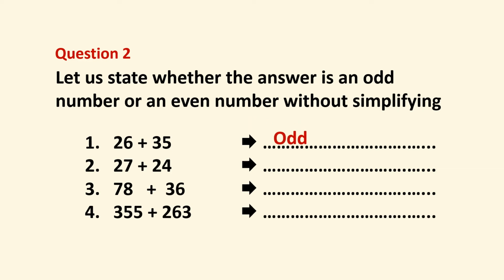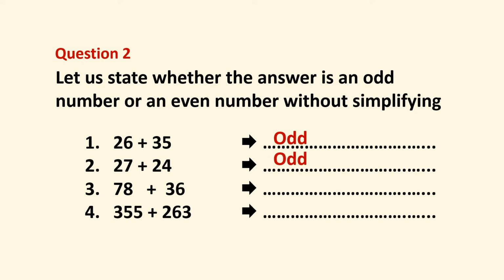Is it even or odd? Since 7 is an odd number, we know that 27 is also an odd number. Then 24. Yes, it is an even number. Since it can be completely divisible by 2, we know that it's an even number. So odd number plus even number, we know that the result should be an odd number.